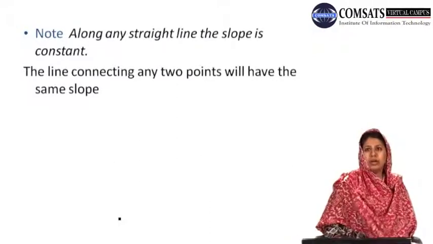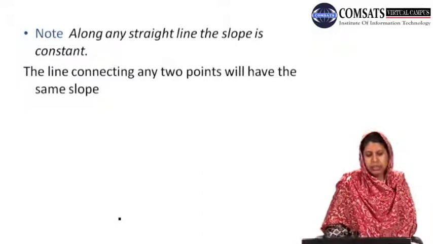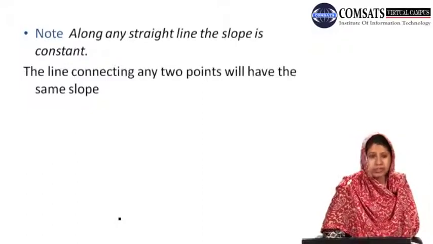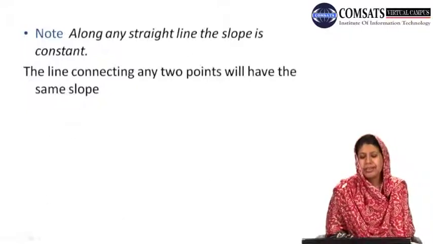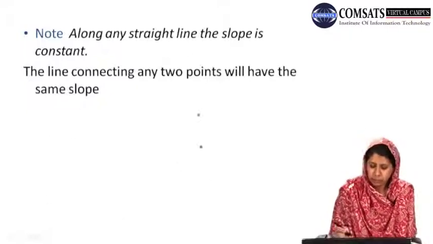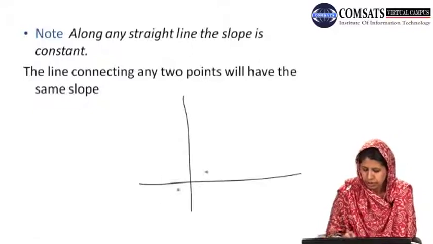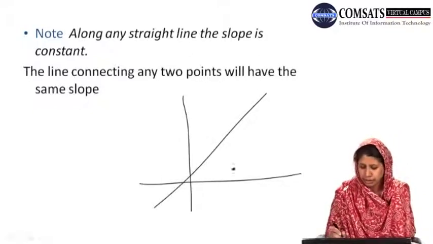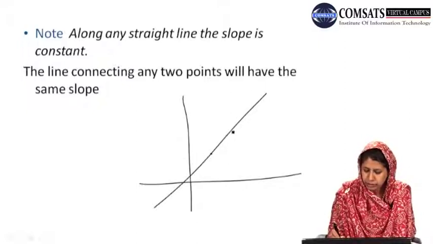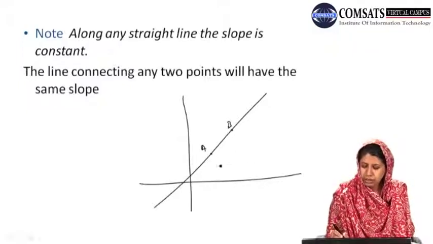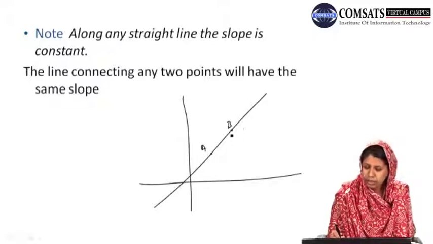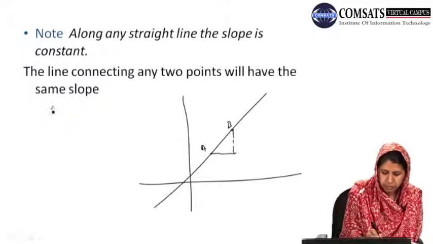Okay, now we have an observation that along any straight line the slope is constant. What do we mean by this? That the line connecting any two points will have the same slope. That is, if we have this line with positive slope, and these two points, let's say A and B, then the line connecting A and B has slope m1.